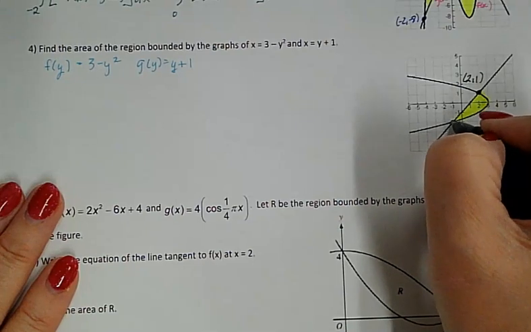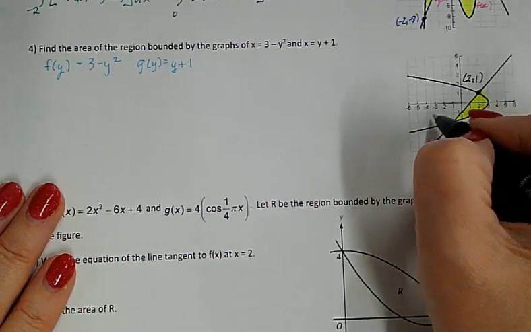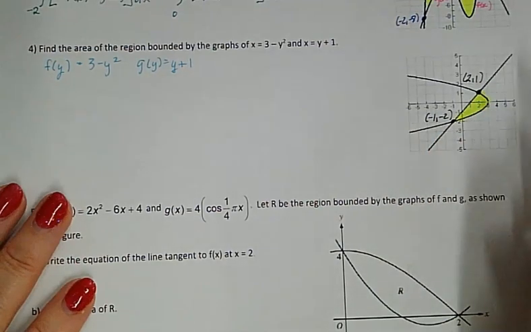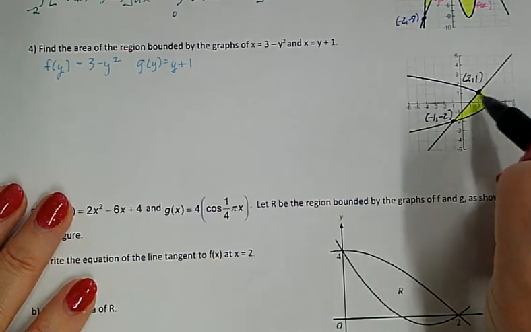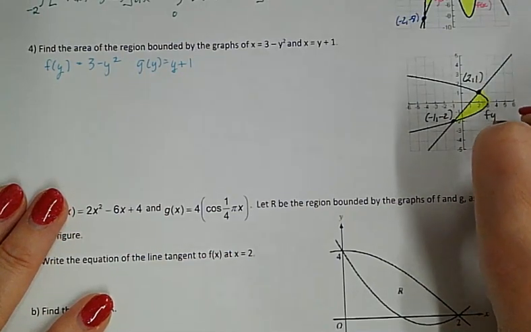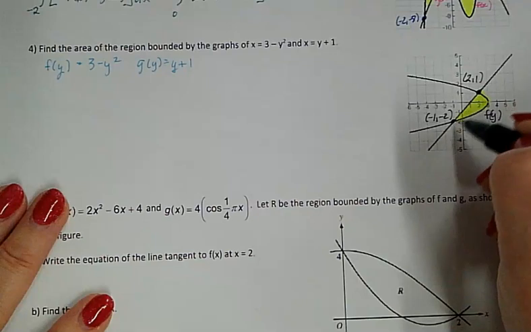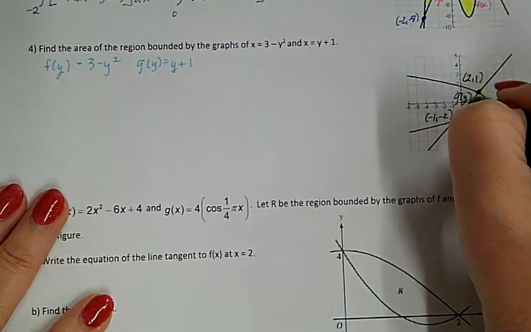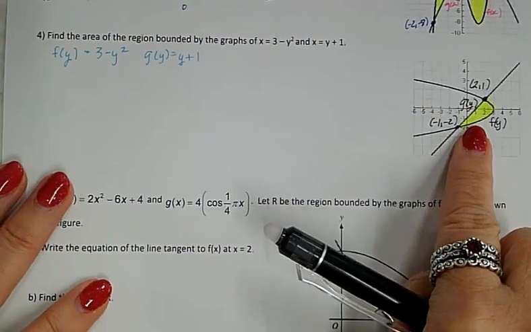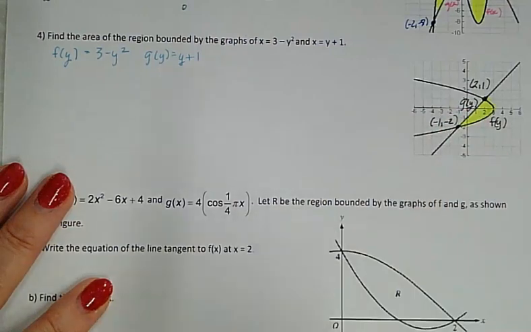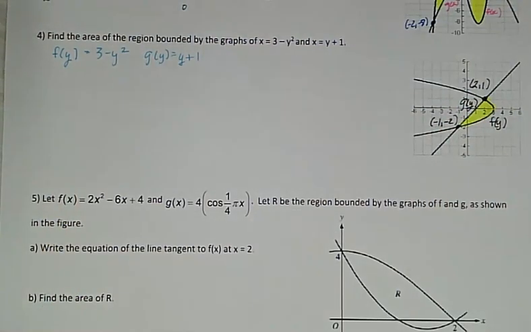And I'm looking at this intersection point here, which is at -1, -2. And then I'm paying attention to the fact that this curve, this sideways parabola, is my f of y, and the straight line is my g of y. So of this shaded area, this is the one that's to this side and this is the other. So I'm just identifying that information.